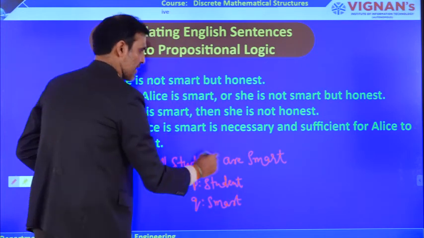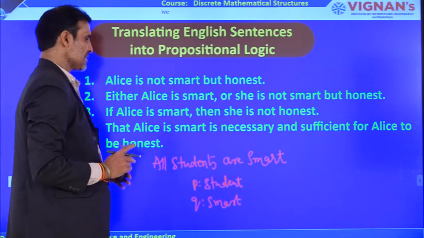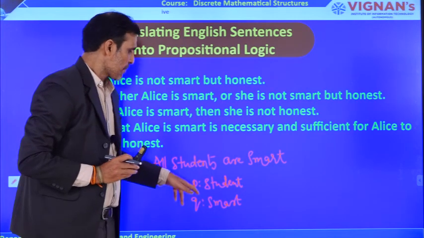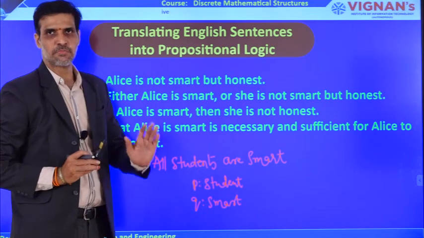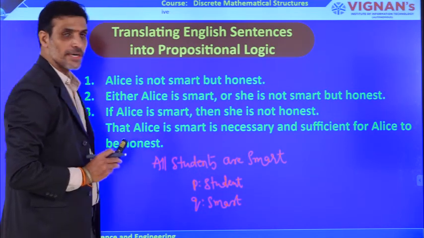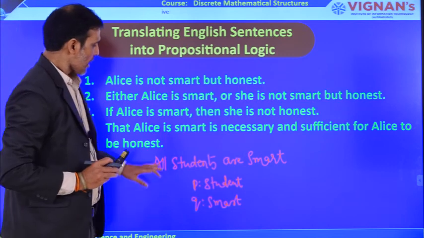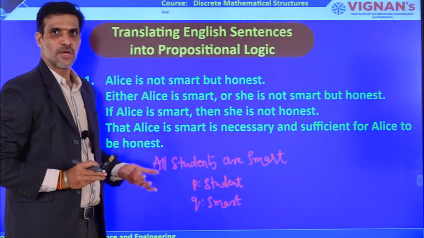Because we have student and smart, let us assign the propositional variable P to student and the propositional variable Q to smart. Then how do we convert it into propositional form? All students means how do we write?